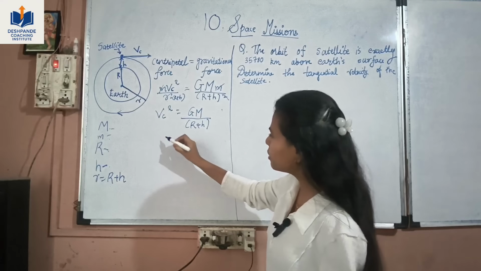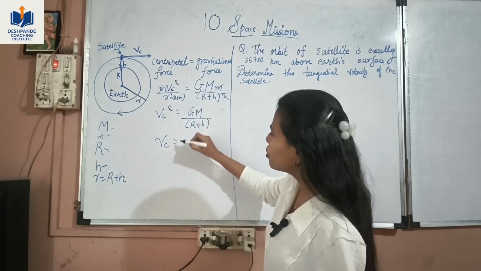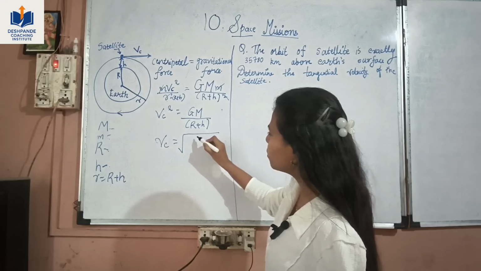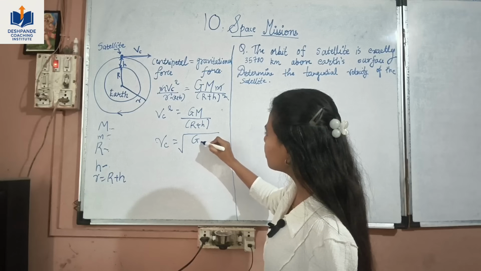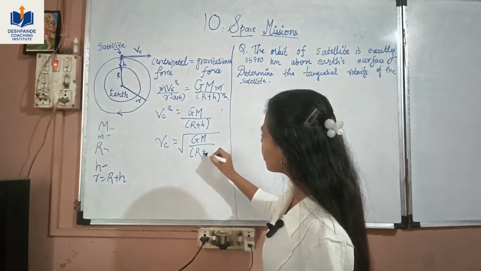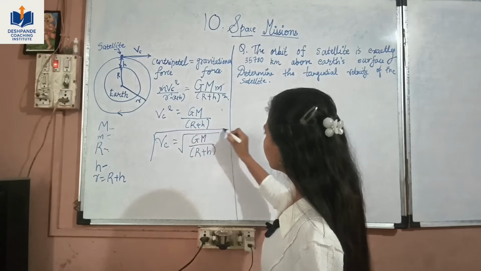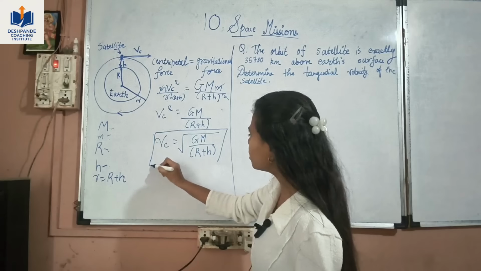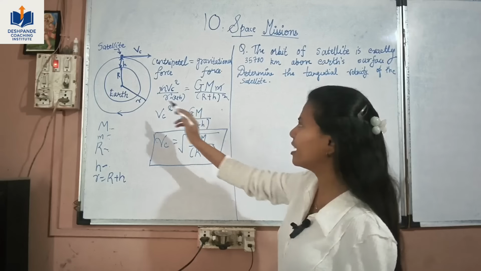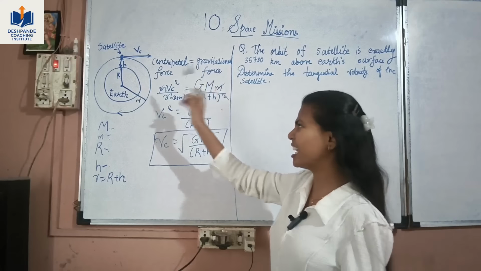Okay, so then Vc is equal to, so it is square, we have to take the square root to find the value of Vc. So Vc will be the square root of GM upon R plus h. So this is the final formula to find the critical velocity or tangential velocity of any satellite which is revolving around the orbit at a specific height h.